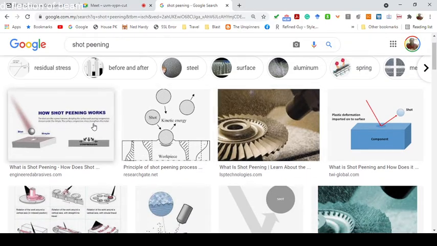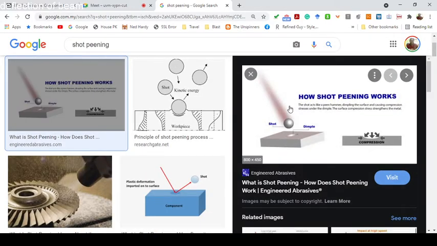When that particle hits the surface, it will create a dimple. When the dimple happens at the surface, it will create compression.